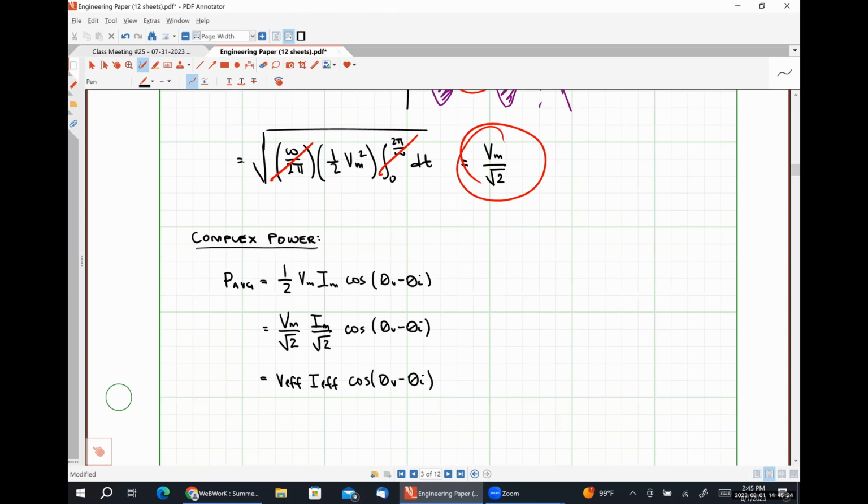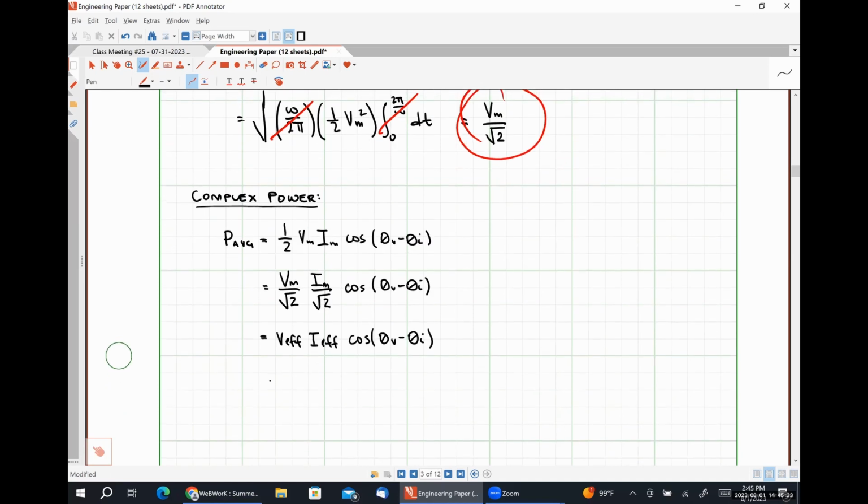Now, what somebody much smarter than me came up with was they recognized that this is just the real part of the following complex operation. V, I'm going to put a squiggle over it here, and we're going to talk about this in a moment, times I with a squiggle over it, conjugate.